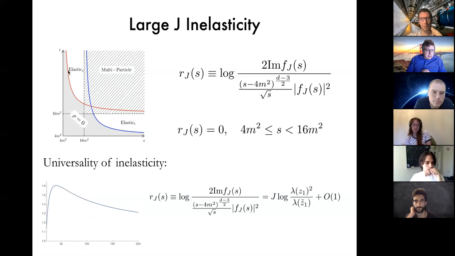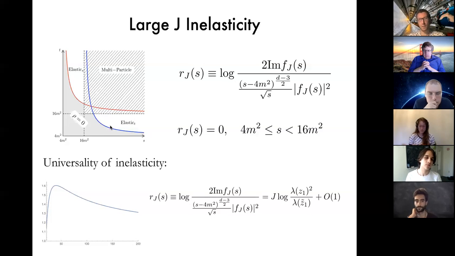So we start with the discontinuity solving close to the normal threshold, and now we solved for rho close to this red curve in this region 4 to 16. However, by crossing, we know that the same expansion is valid here along the blue curve, just because it's the same crossing symmetric function. However, in this region, s is larger than 16. It's actually larger than 64 over 3. Therefore, it's a region where analyticity already kicks in.